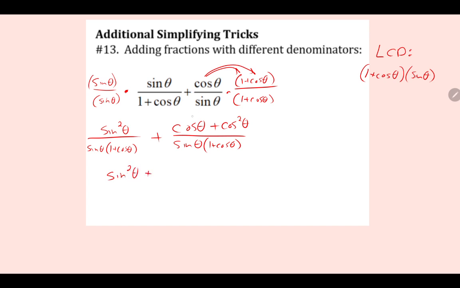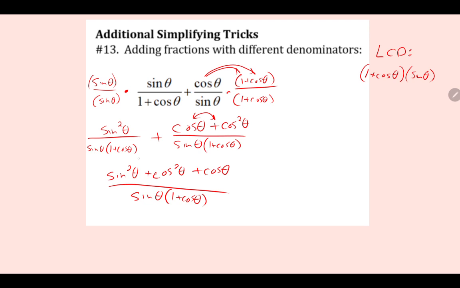And what I'm going to do is just flip the order of these so something can jump out a little better for us. So all I did was flip the order of what I'm adding there, and added the fractions together.